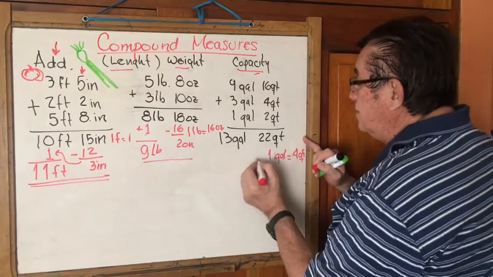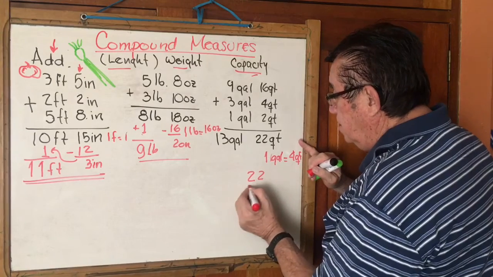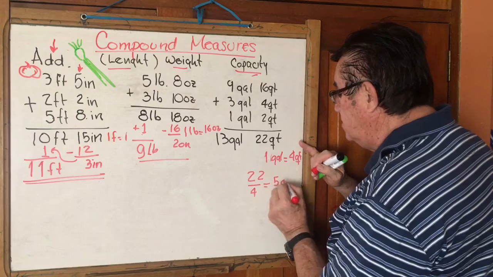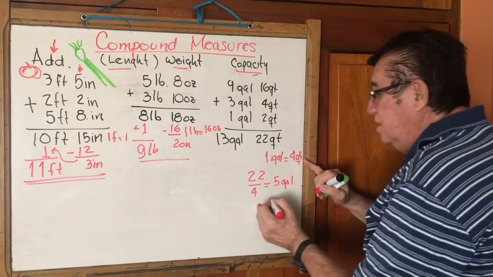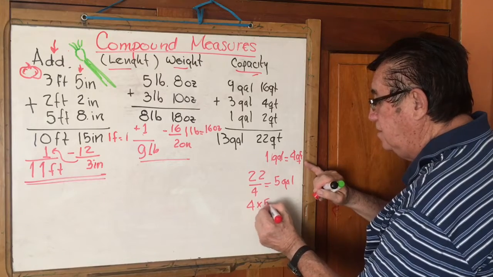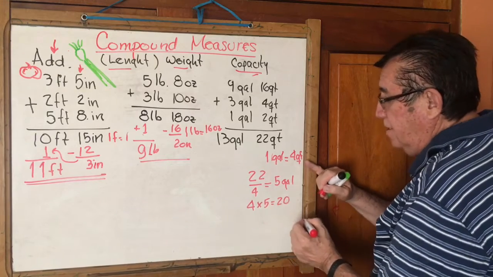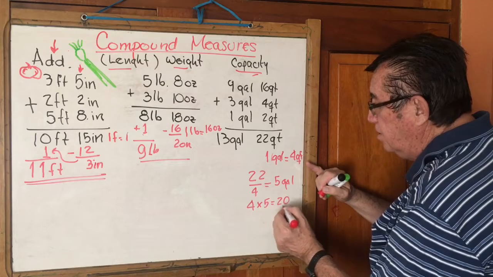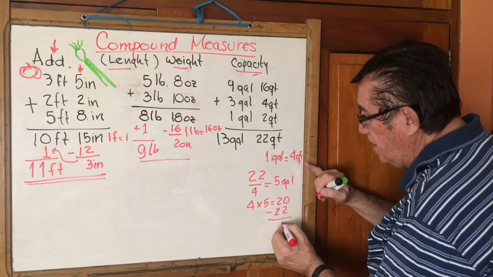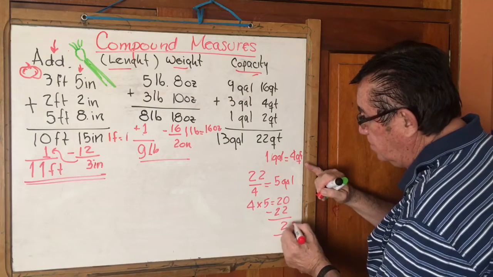So that means that 22 divided by 4 is going to give me 5 gallons. And since 4 times 5 is equal to 20, and I have 22, and I subtract them, I have 2 left, 2 quarts.